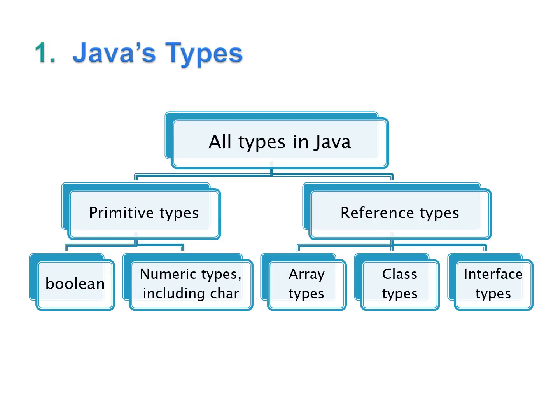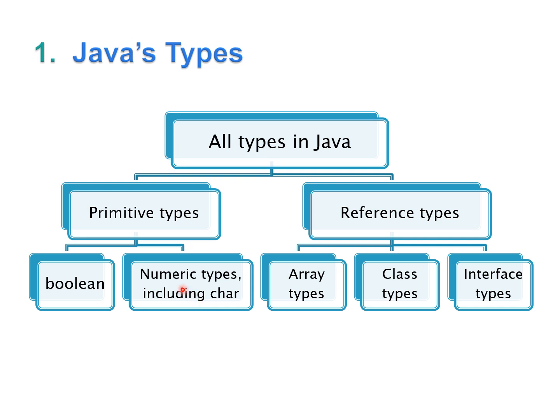Let's first start with an overview of Java's types and see where array types fit in. All types in Java are divided into 2 categories: primitive types and reference types. The primitive types include boolean and numeric types, which include char, byte, short, int, long, float, and double.